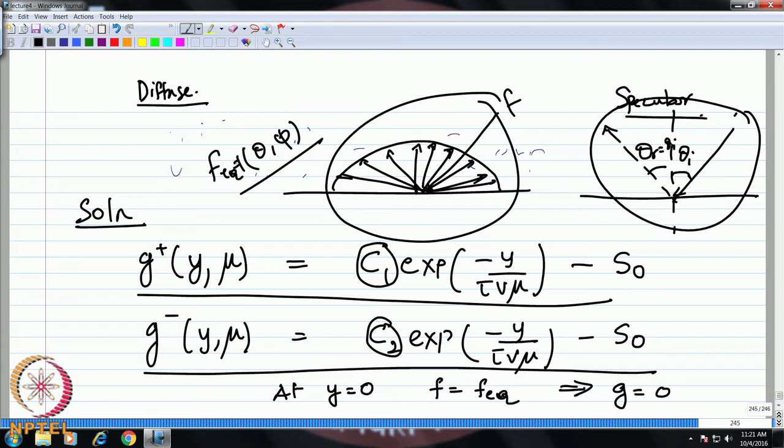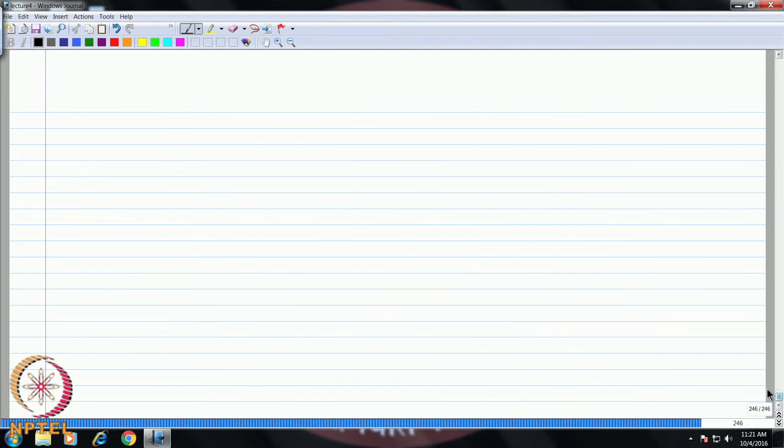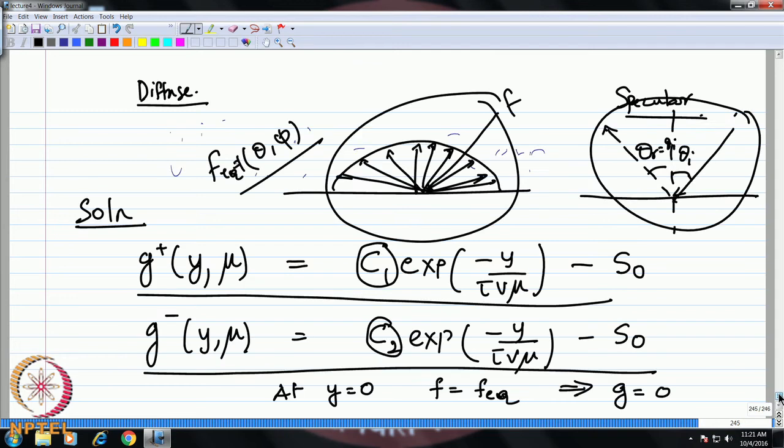Okay. So, these are two extreme cases; the real surface will be a combination of both of them. Okay. So, similarly at y equal to, let us say D, this is at the top boundary, again your F will be equal to F equilibrium and therefore G will be equal to 0.